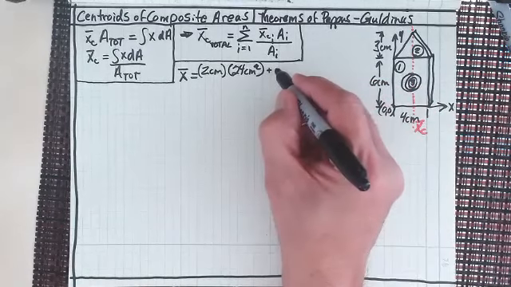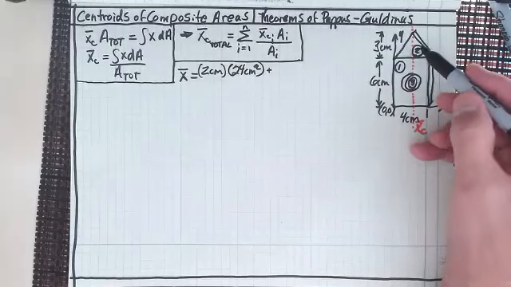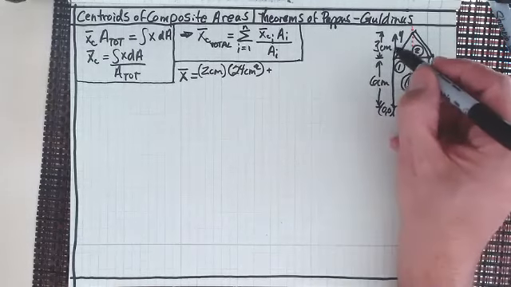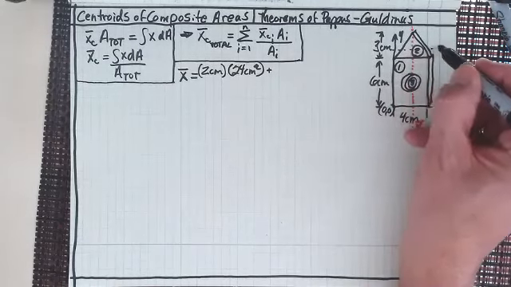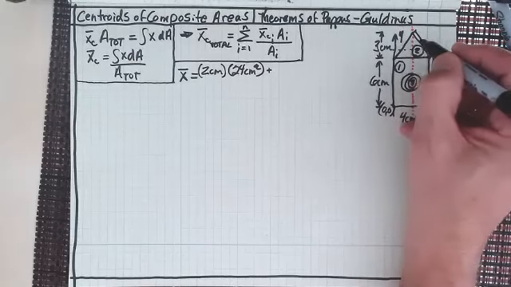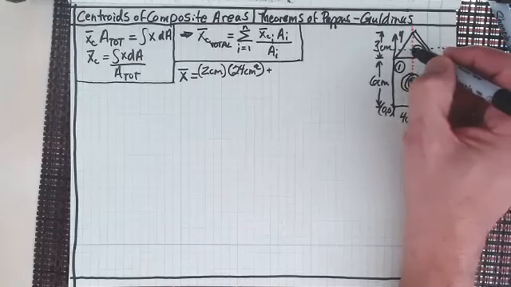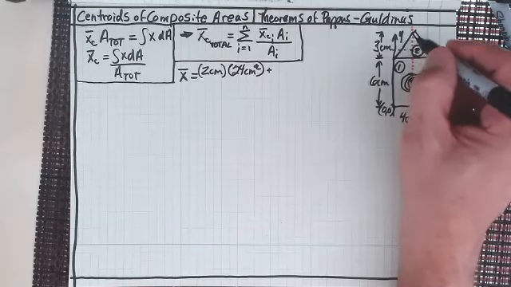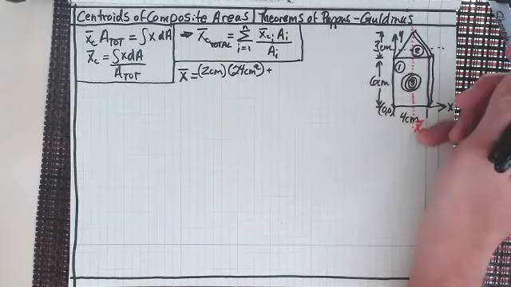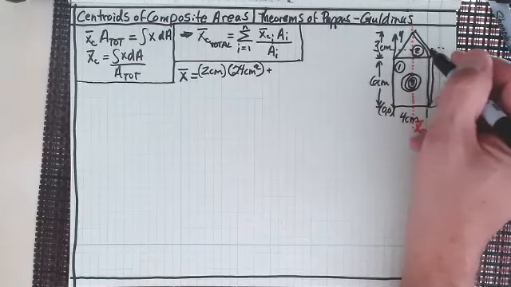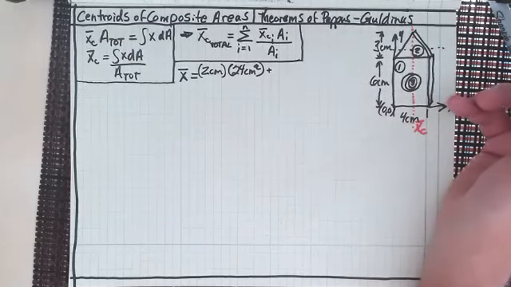So the next one that I've got, my triangle, I think everybody can see that the triangle is 1/3 up, but since it's an isosceles triangle, the x-centroid for it is going to be right in the middle of that isosceles triangle. It'll be 1/3 of the way up. When we do y, we'll have to take that into consideration.